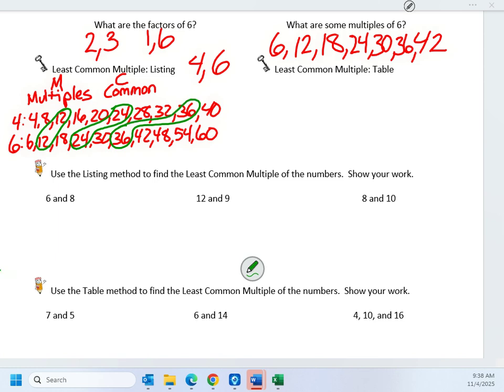And that's it that we have right there. So the last one we have to do is find which one is the least that they share in common. What number is the least number that they share in common, Moses? 12. The 12. That smallest number that they share in common.